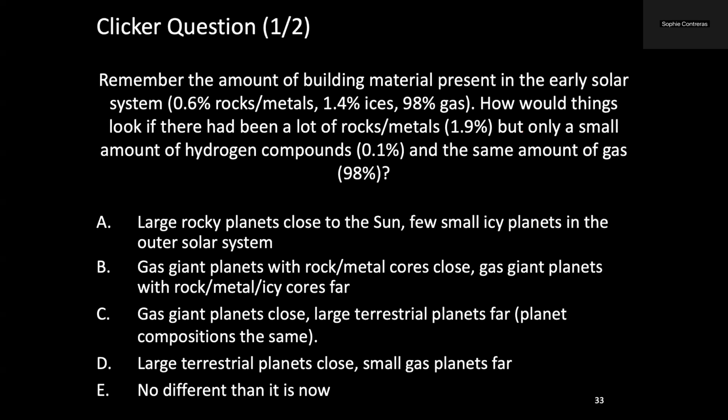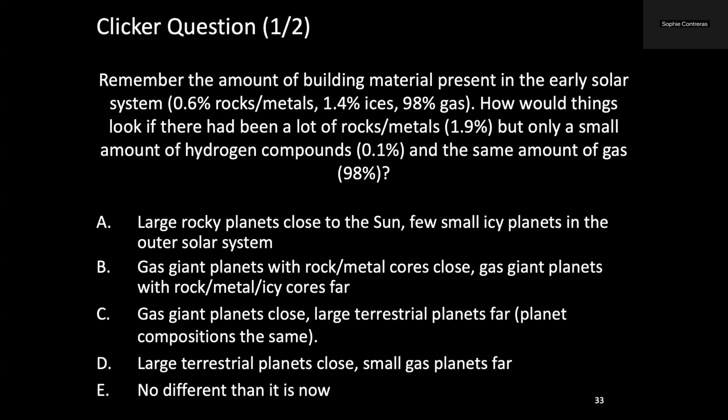But you will see them and you will get them on this homework. What I want you to be able to do is think critically about the outcomes. If I change this part of the composition, if I change the sun's temperature by this, what does it change about the solar system as a whole? All right, see if we can answer this one, and then I'll let you go.